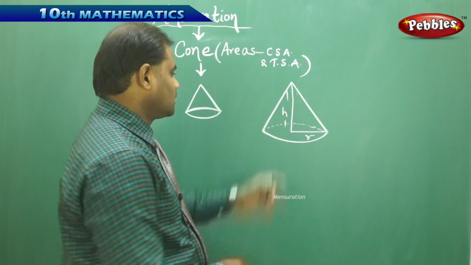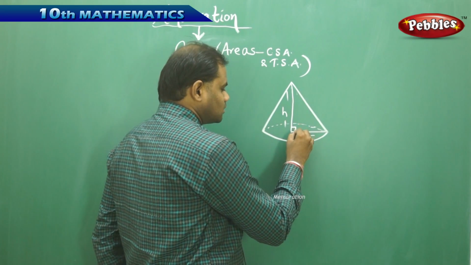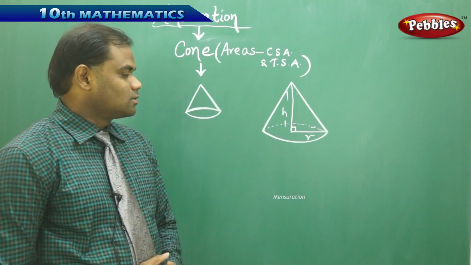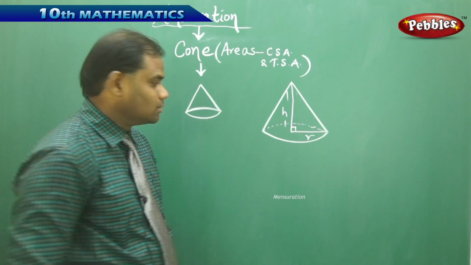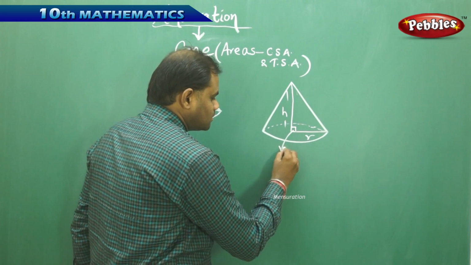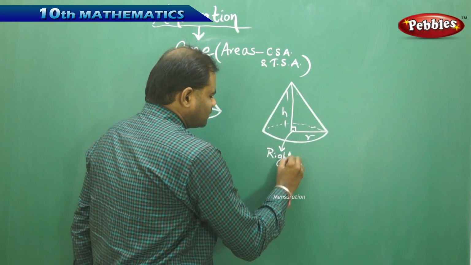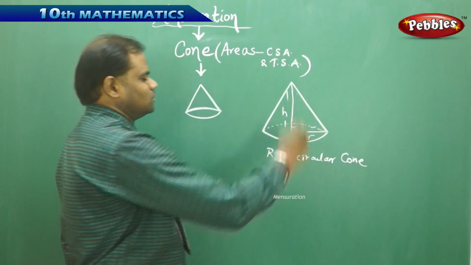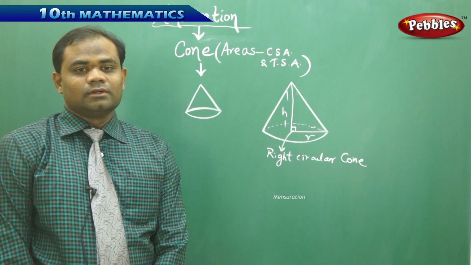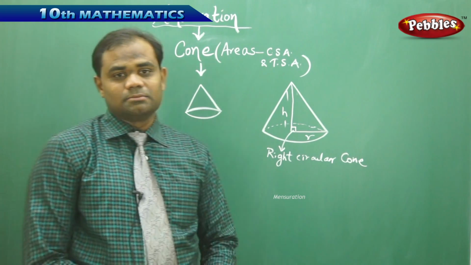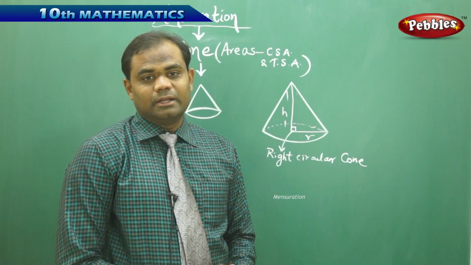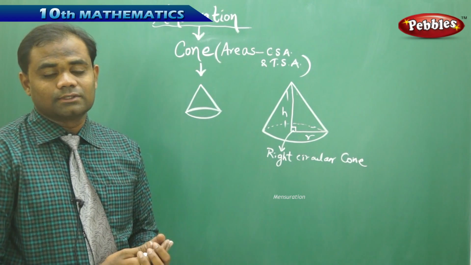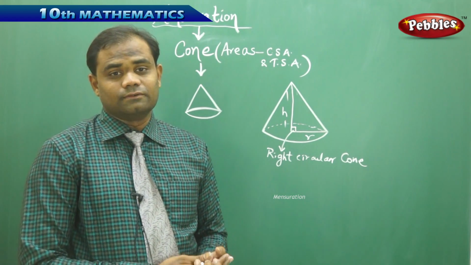The radius is r and the height is h, and this is called a right circular cone because here the radius is always perpendicular to the height. So a cone is also called a right circular cone because this is 90 degrees. Now as I consider this in a similar manner as I considered the cylinder, let me see what the different faces are for finding the curved surface area or the total surface area.